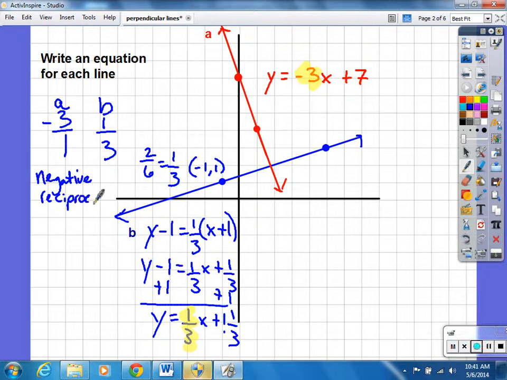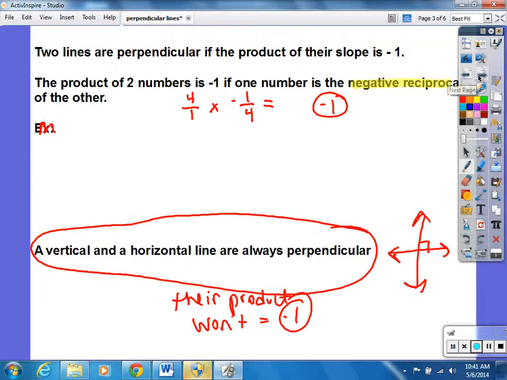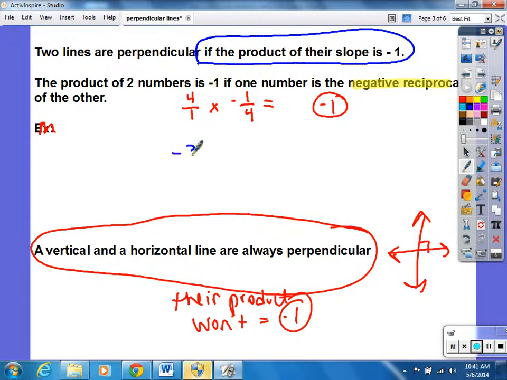When you take two slopes of perpendicular lines and put them together, and this should look familiar to you because we talked about this on Monday, what you're going to find is that the product of the two slopes that are perpendicular will be equal to negative 1. Another example is what we just did. Negative 3 over 1 times positive 1 over 3 would give us a product of negative 1.